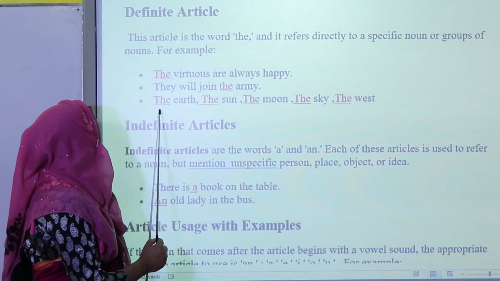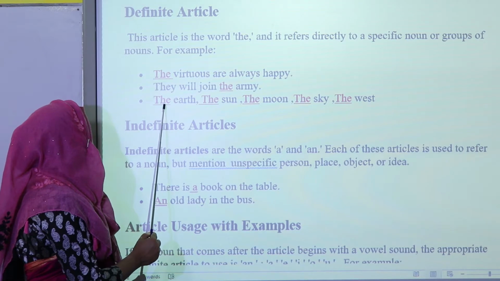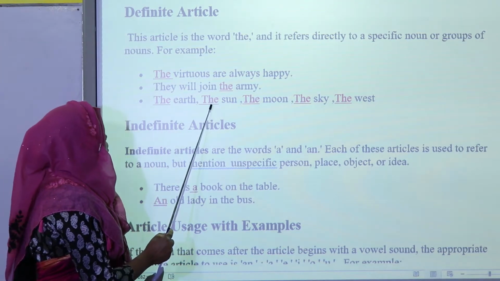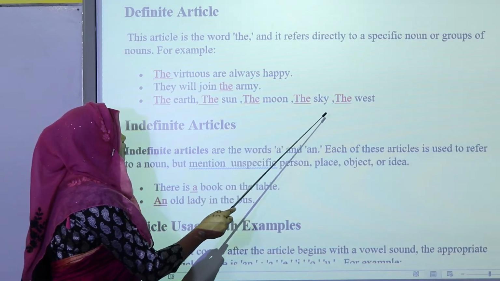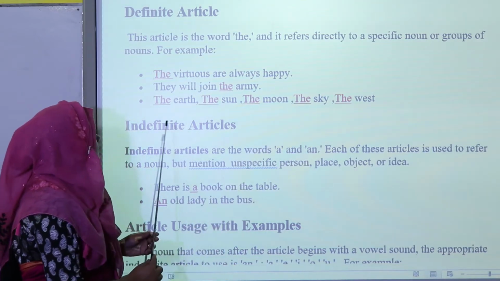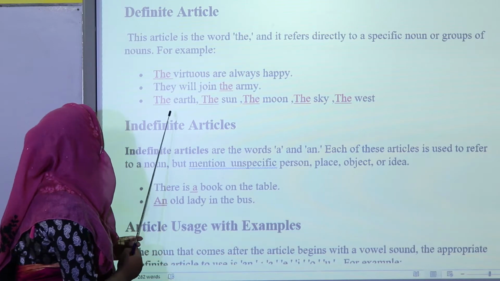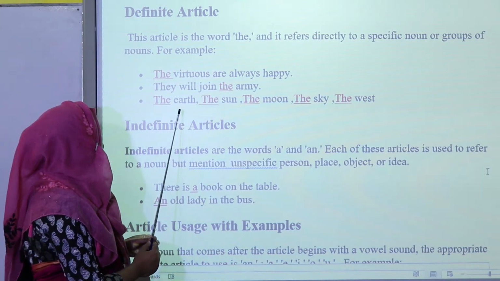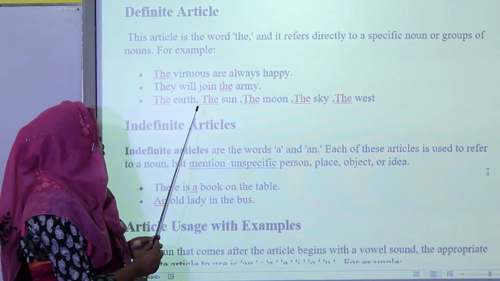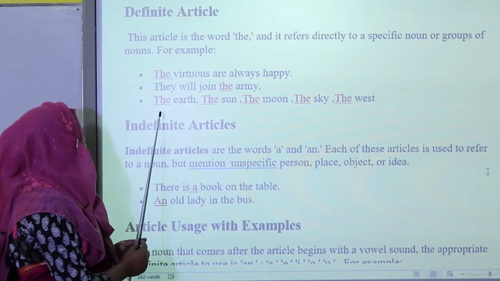And the next sentence: the earth, the sun, the moon, the sky, and like that. The earth is only one thing in the universe. That's why we use the here.